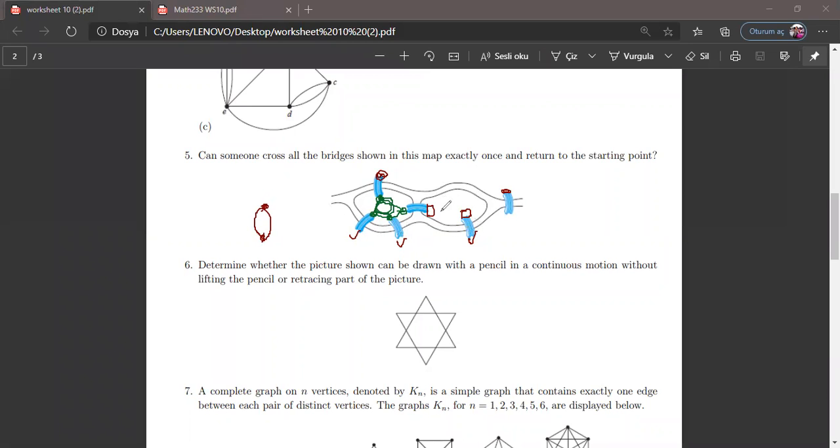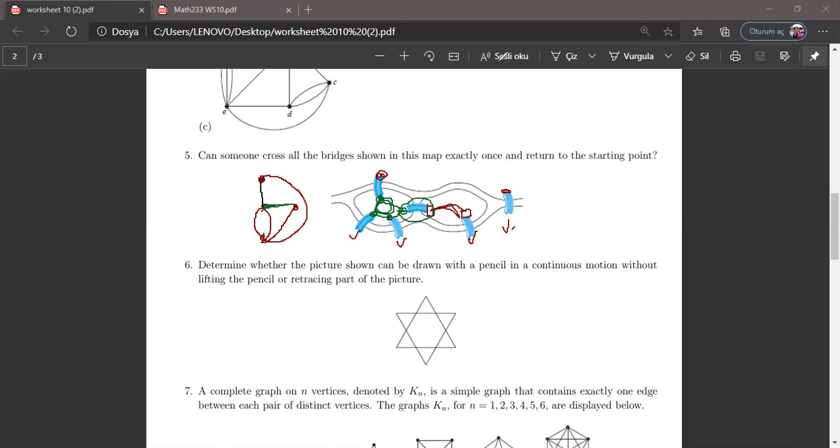But this is connected to another point. Above we have another edge, and this is also connected to this one. So we have 4 here.